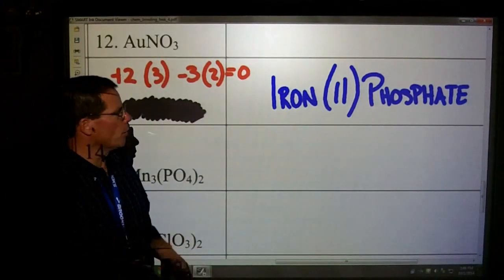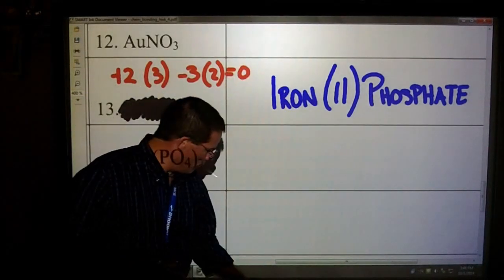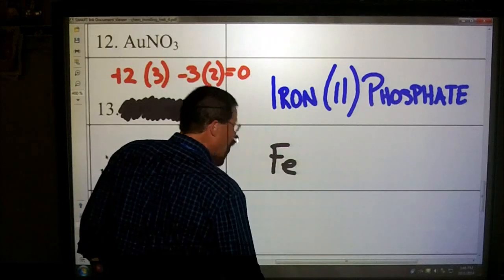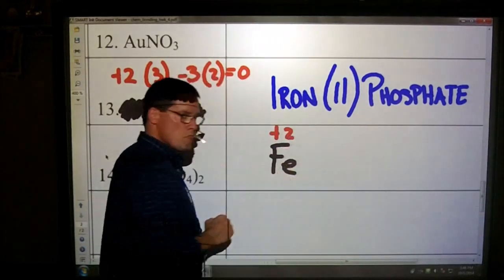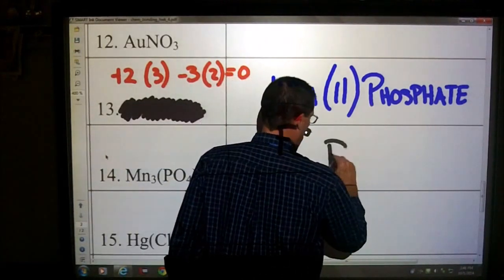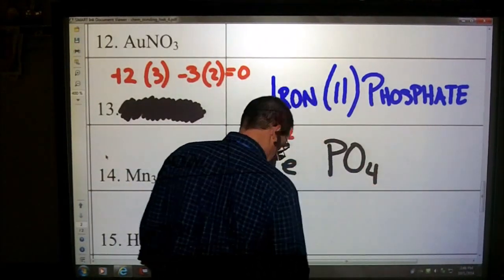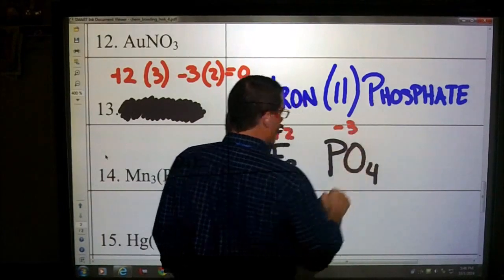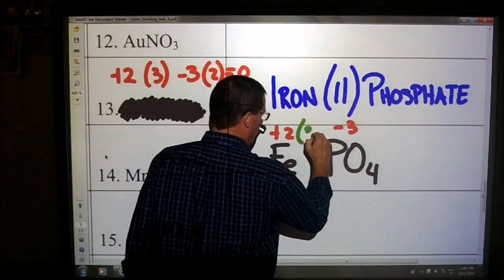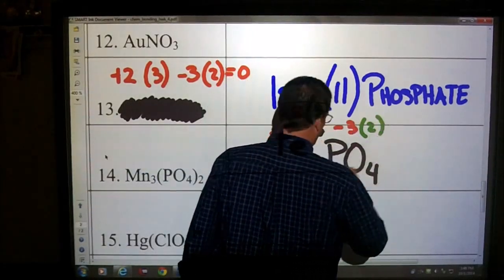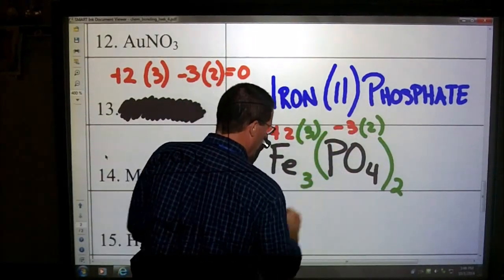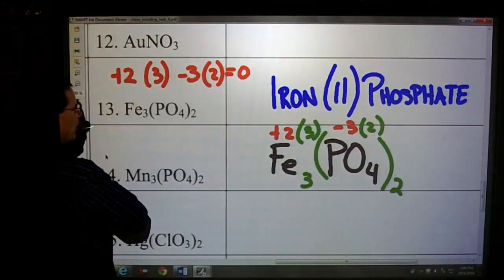I know you have it on your paper, but when writing this out, if you say, okay, I have iron with a +2 charge, and I have phosphate, which is PO4, and it has a -3 charge. Does that equal 0? Absolutely not. So what that means is I need 3 of those and 2 of those. So I'm going to put that in parentheses with a 2, and then I put a 3 there. Does that give us our formula here?